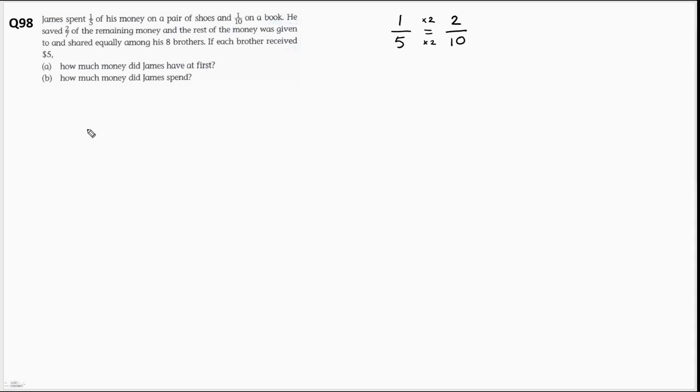So what I'm going to do is draw a bar for James that's split into 10 equal size pieces. And if I haven't got squares, I would probably do it like this. So that's 1, 2, 3, 4, 5, 6, 7, 8, 9, and 10.